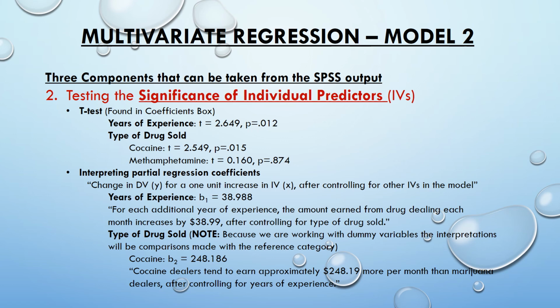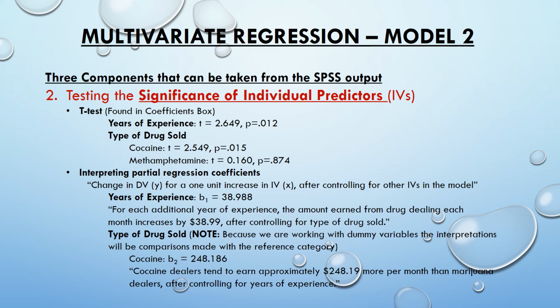So since cocaine is a significant dummy variable, because it had a p less than 0.05, and because it had a coefficient of 248.186, I could interpret that as saying cocaine dealers tend to earn approximately $248.19 more per month than marijuana dealers after controlling for years of experience.